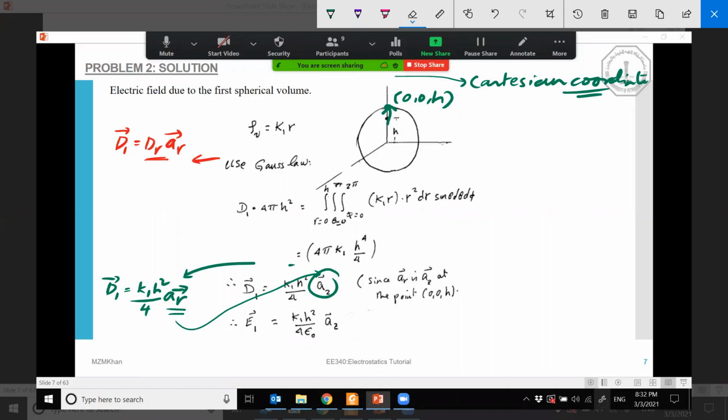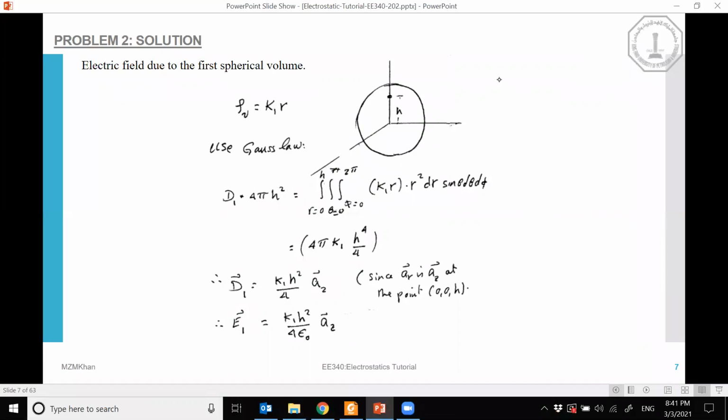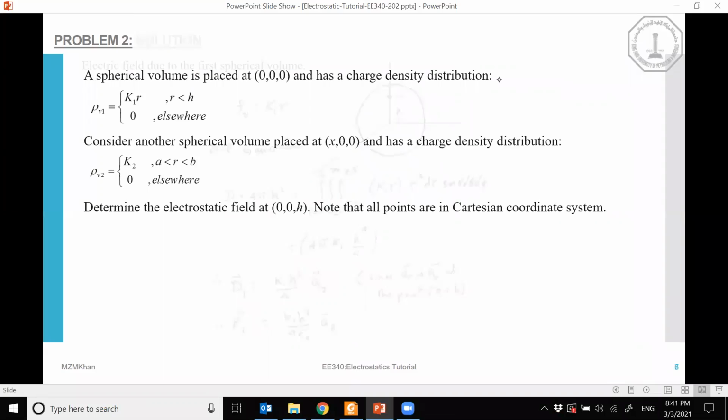So this is an example where we have used a non-uniform distribution. Now this second part, I think I will leave it, and maybe if time permits I will do it, because the question was you have two different distributions and you need to find the electric field at 0, 0, h. That means you have to use the superposition principle.